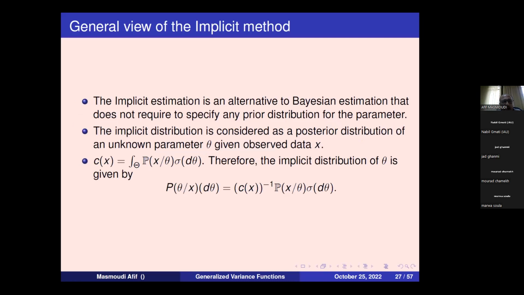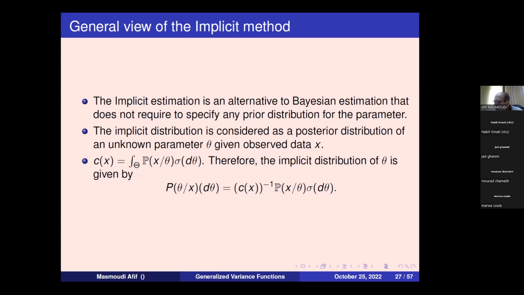So the general view of the implicit method, which is a Bayesian method with non-informative prior: the implicit estimation is an alternative to Bayesian estimation that does not require specifying any prior distribution for the parameter.